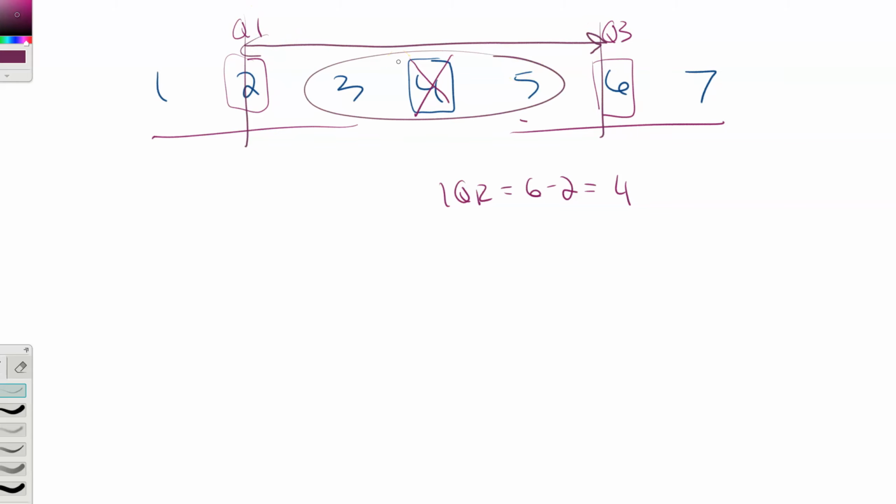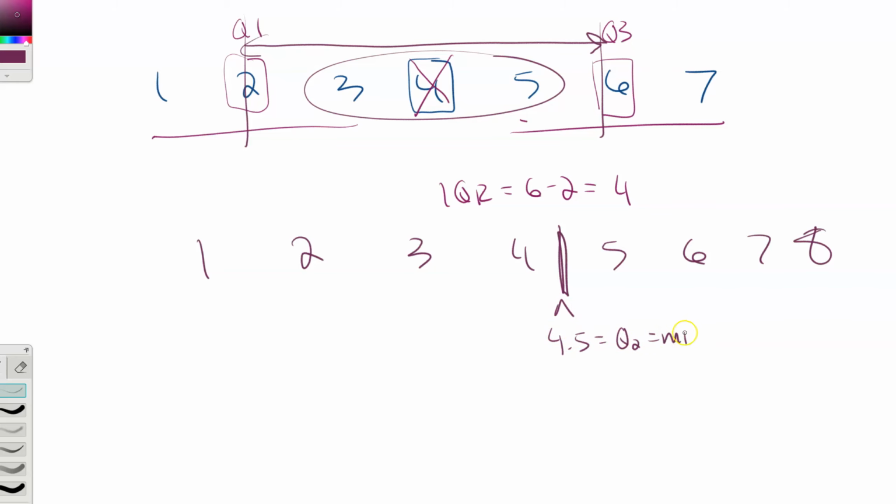That's what IQR is. Let's say we have 8 data points. It's a little bit easier now because we have even data points, so we go boom, boom, boom, boom. Our middle number, the median, is right in between those two, so that would be 4.5. That's our quartile 2, or our median.